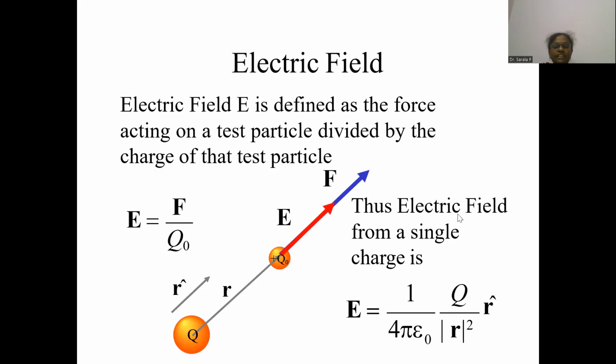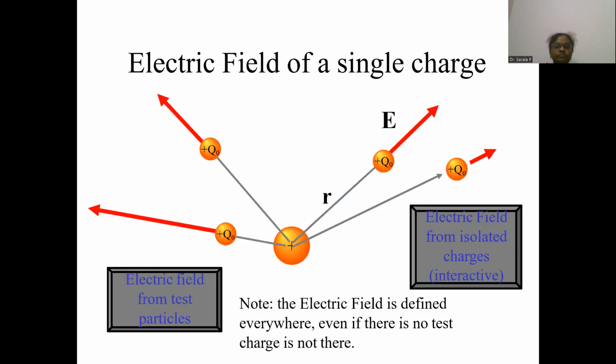So the electric field is also acting along the force. Thus the electric field from a single charge is 1 by 4 pi epsilon naught Q by R square, where R is the vector. So the electric field is acting along the direction of force. Now let us go with the electric field of a single charge.